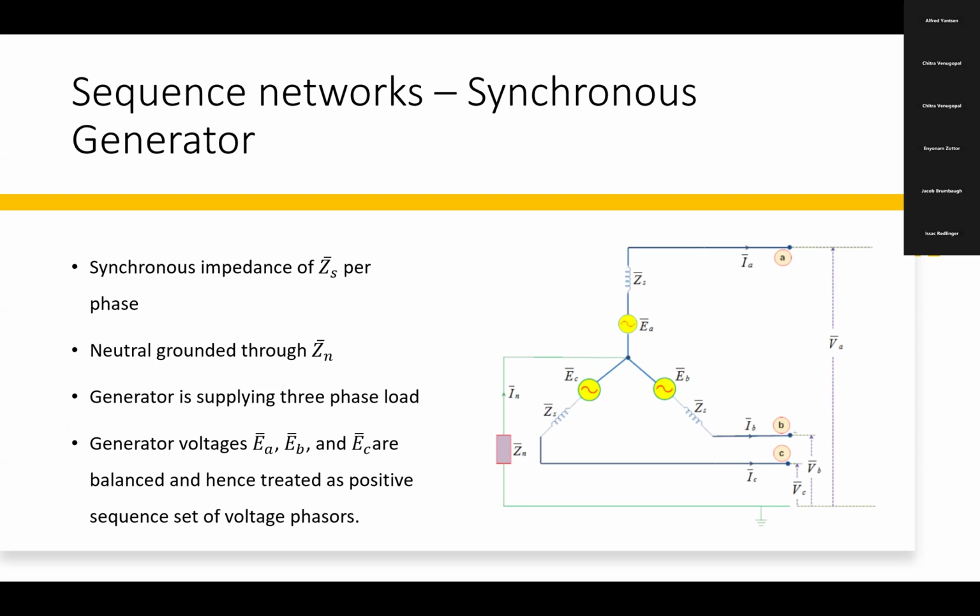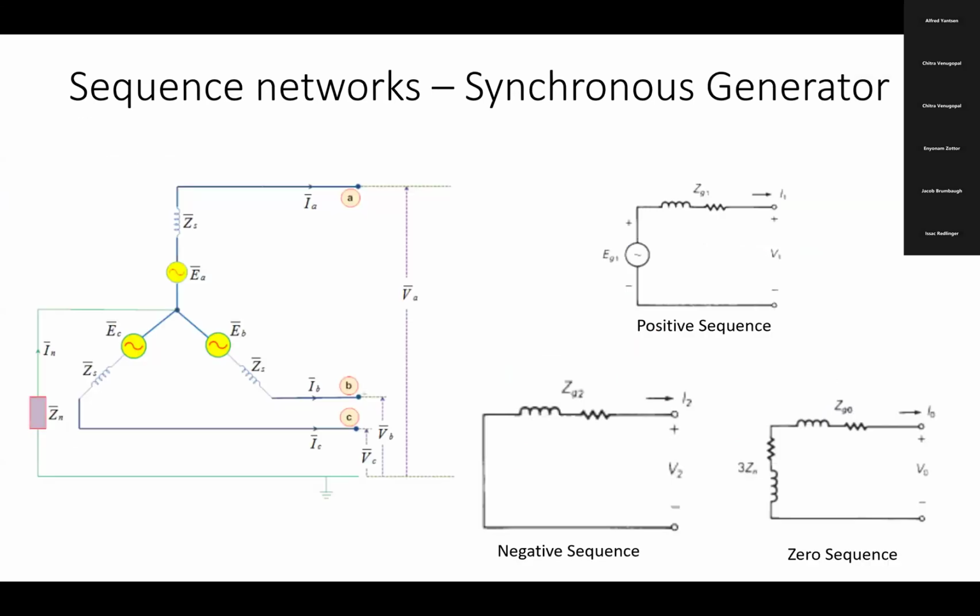Because the structure is the same, the load and the generator will behave in the same way, except that the generator will have a voltage source in the sequence network. You can see here the positive sequence is connected with the voltage source, whereas the negative sequence and the zero sequence are similar to the load.